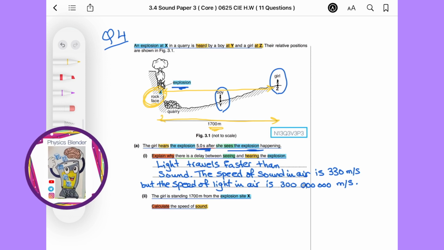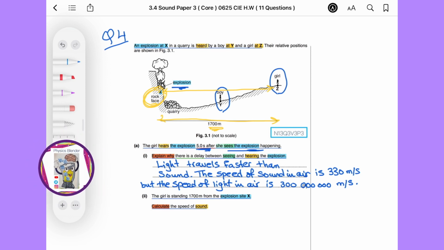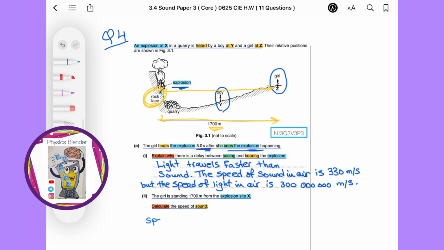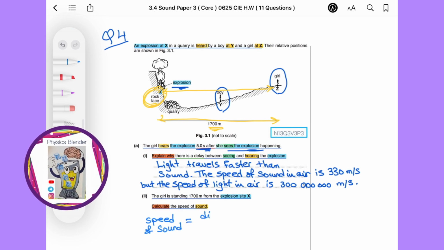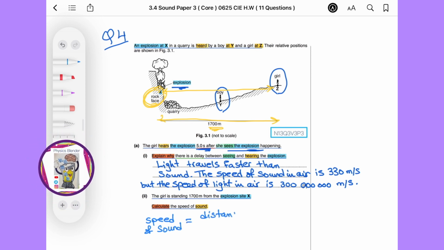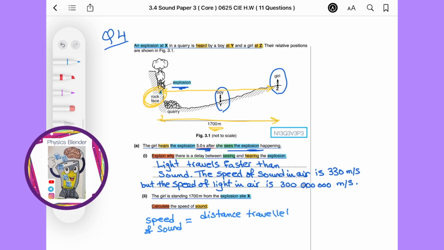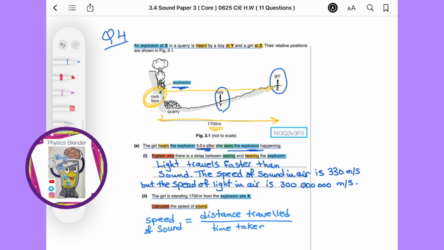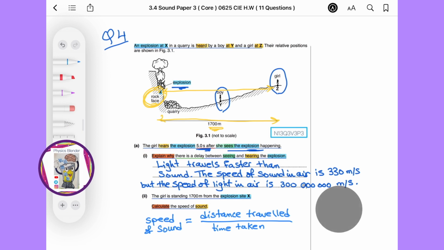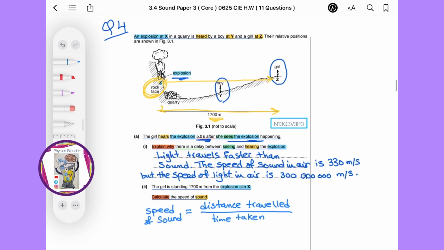So it's the delay here, it's not echo time, it's just the difference between seeing the object and hearing the sound. So you can write the answer directly: speed of sound equals distance traveled divided by time taken. So here there is no need for echo time, we are not talking about echo at all.